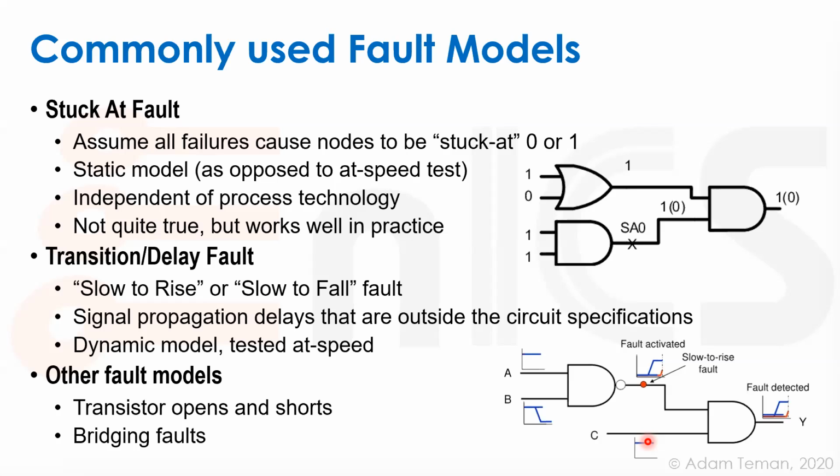They make things more complex, especially you can't work at the gate level. You have to go down to the transistor level to do it. And the thing is that in the end, the stuck-at fault catches most of the failures. So you get a low defect level, or you don't have many things that don't get tested and so forth. So these are not really taken care of by the tools that we use today.